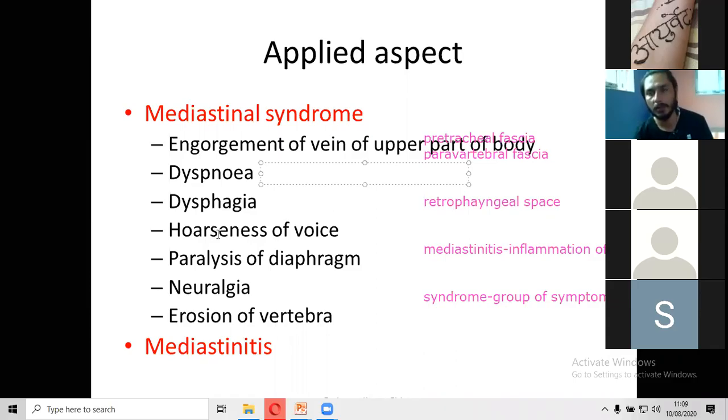Okay. If the growing tumor compresses the phrenic nerve, there is paralysis of the diaphragm. If the growing tumor compresses the intercostal or subcostal nerve, then what will happen? There is neuralgia. Neuralgia means pain related to the nerve. If any compression of the nerve is there, there may be pain along it.